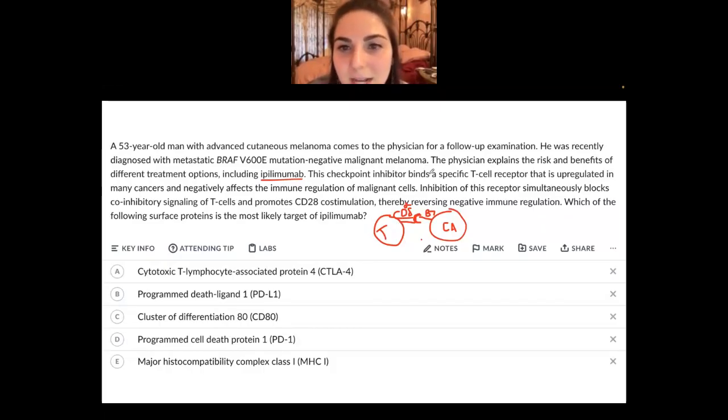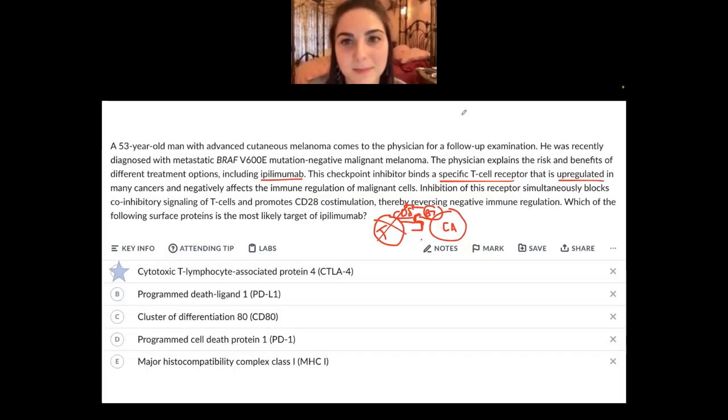And that's what it's saying: it binds a specific T cell receptor that is upregulated in many cancers. So this mysterious compound gets upregulated. It blocks the co-stimulatory signal, so now this T cell can basically never get activated. So they make this drug which blocks this blocker. It's very confusing. It blocks this blocker so that we allow for B7 and CD28 binding.